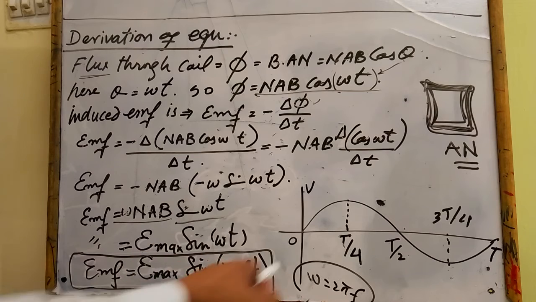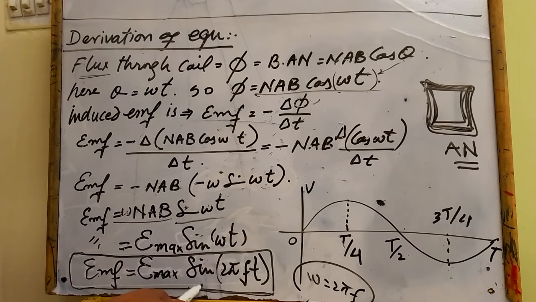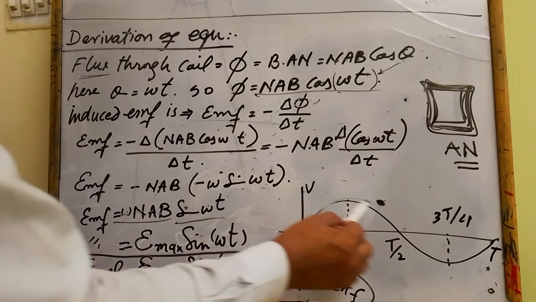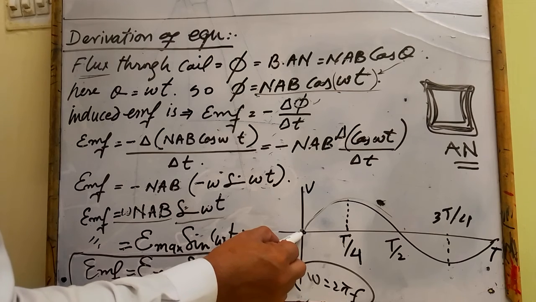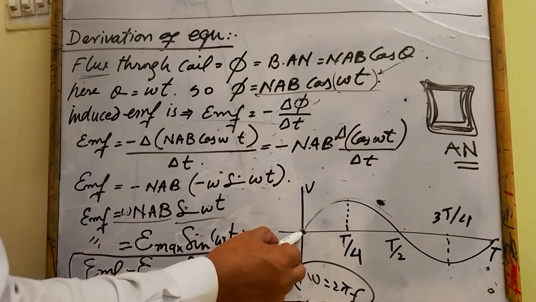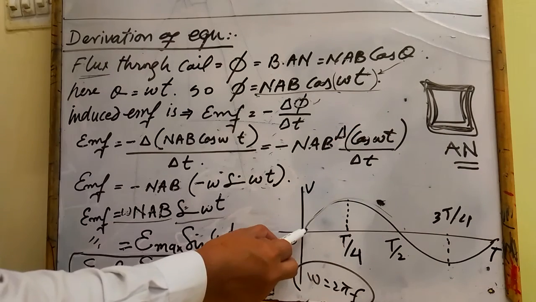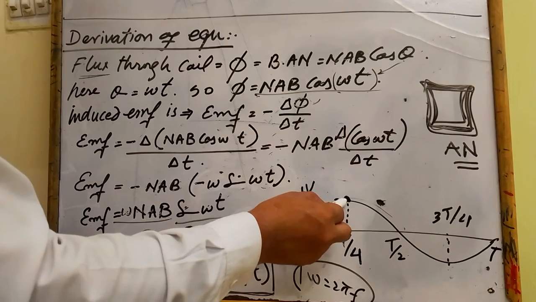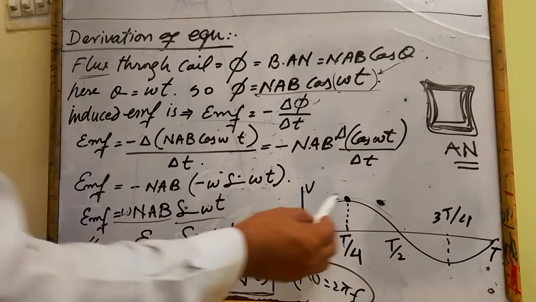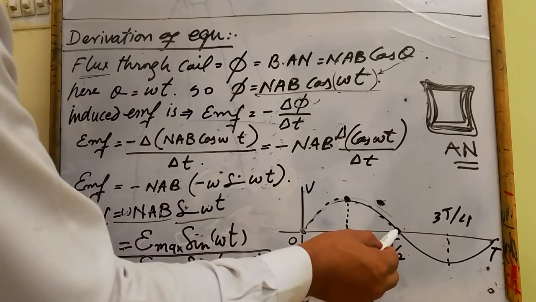This sine function varies with time, so the equation gives us a waveform like this. At the start the value is 0; as time passes and the rotation of the coil starts, the voltage increases to a maximum value, and then comes back to 0.